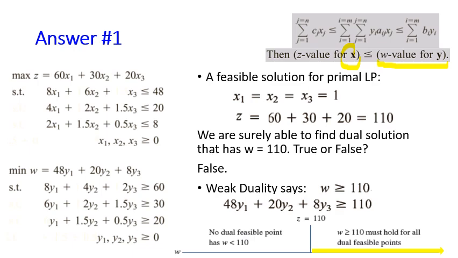But it doesn't mean that we will exactly find a dual solution that has the objective function value of W equals 110. If 110 is the optimal objective function value, then yes. But here, if we just have the information that it is a feasible solution for the primal, then we cannot say for sure that we will be able to find a dual solution that has W equals 110.